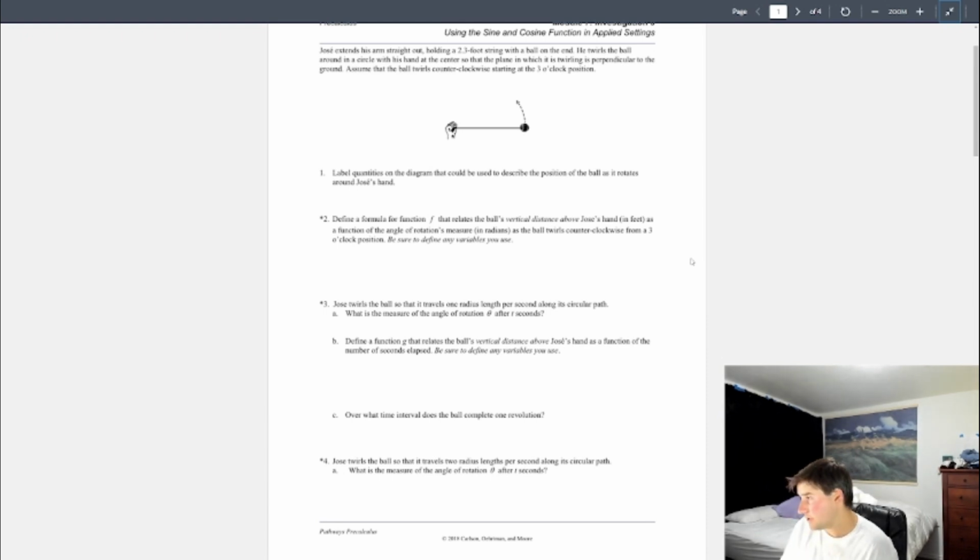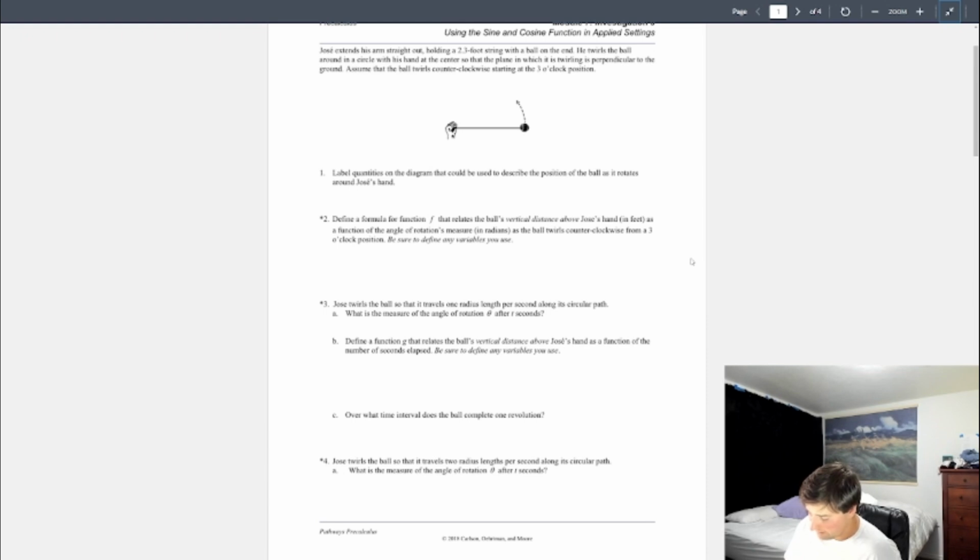Define a formula for function f that relates the ball's vertical distance above Jose's hand in feet as a function of the angle of rotation, measured as the ball swirls counterclockwise from 3 o'clock. Above sounds weird, but I know what they're saying. Be sure to define variables.